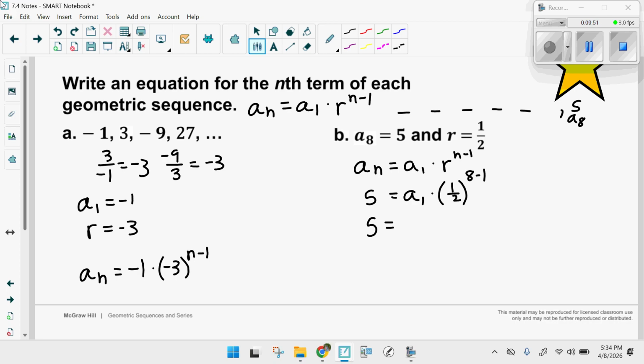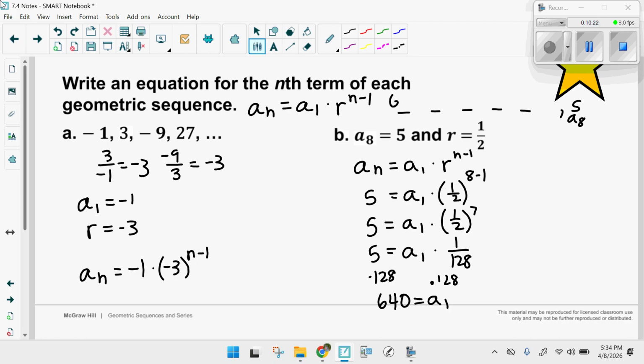And then doing some algebra, I'll have 5 is equal to a sub 1 times 1/2 to the 7th power, which is going to equal 1 over 128. Then using the reciprocal of 128, 5 times 128 tells me that 640 is that first term.